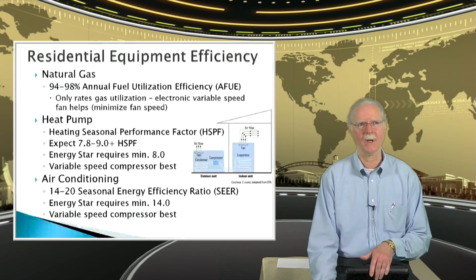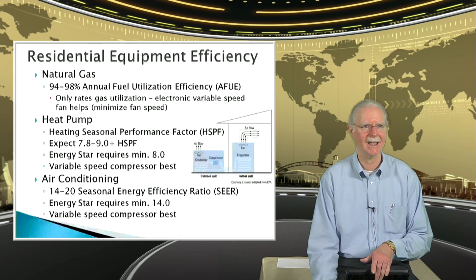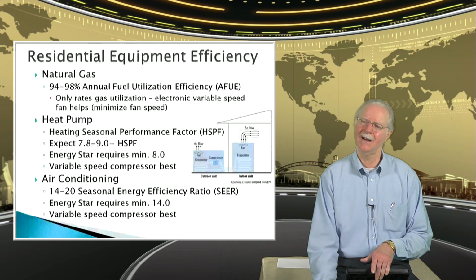So if we were to look at residential heating equipment and we started looking at a natural gas furnace, the natural gas furnace has the potential to be on the order of 94 to 98% efficient. Basically what that's saying is it's based on the fuel energy input.